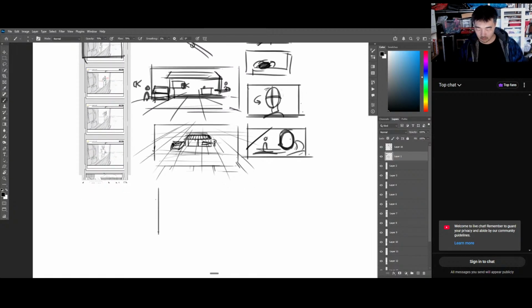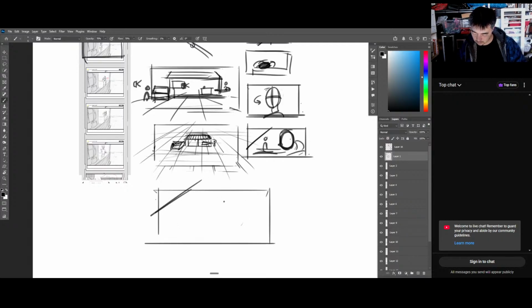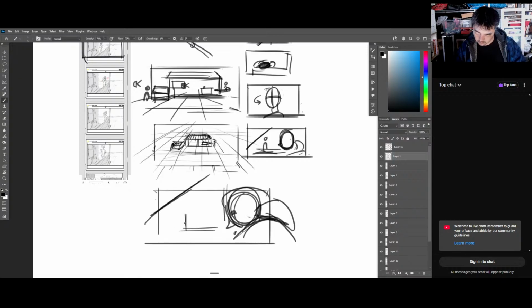So maybe we start it like, here's the girl. She's working on her car. You could probably play the whole scene out right here. The boy comes in like this. And you already have this shot, I think.